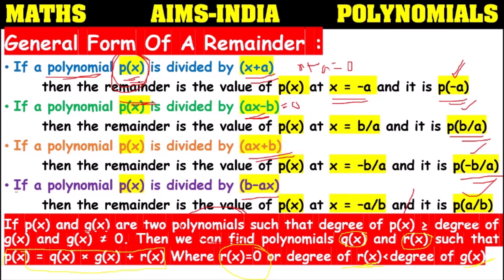For two polynomials like p of x and g of x, two more polynomials are possible, q of x and r of x. All four polynomials will follow the division rule, where the remainder is 0 or the degree of the remainder is less than the degree of the divisor. So from the remainder theorem, we can find these conclusions.